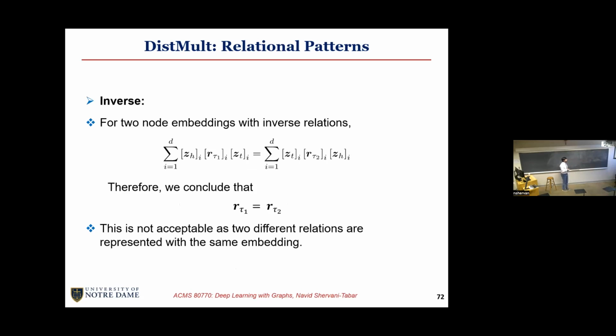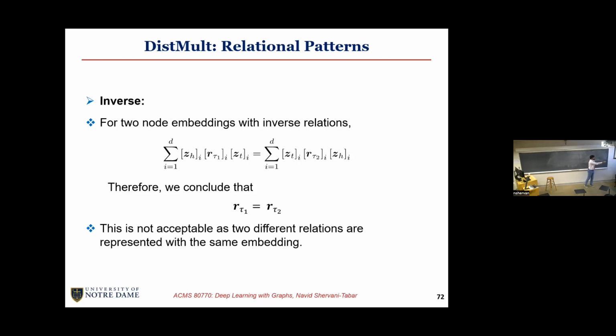Now, for inverse, we can't either. The problem with inverse is that if I write these down for two different relations, I will get equations that have z_h, z_t on both sides, and therefore all elements of the embeddings for the relation types tau1 and tau2 are going to be the same.